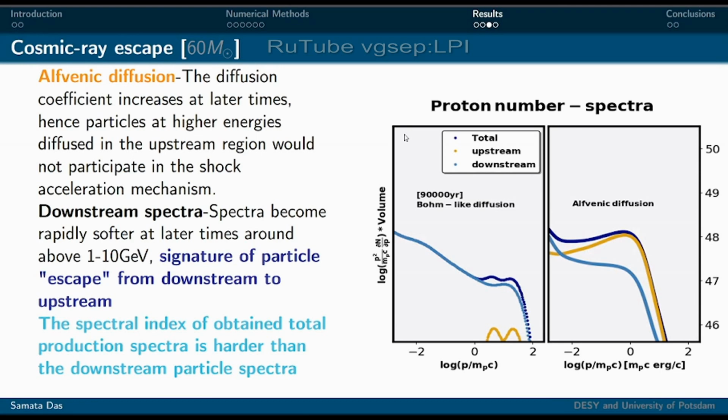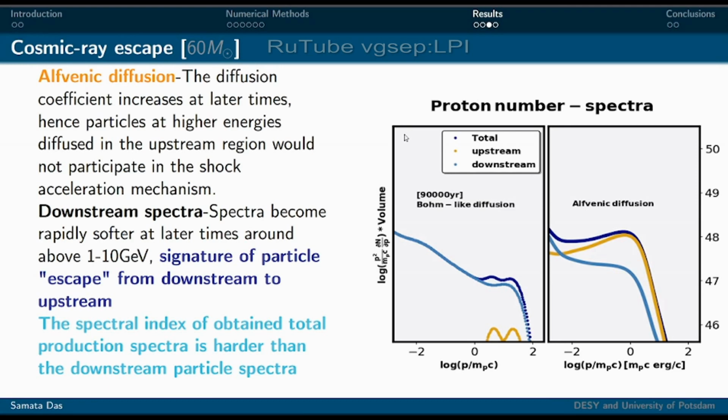That's why at high energy we can get a very soft spectrum using the Alfvén diffusion. So directly from the hydrodynamics, we can create the softer spectrum at a much earlier time and at low energy. But by using the Alfvén diffusion, we can get the softer spectrum at a very late stage and at high energy, almost above 1 to 10 GeV.